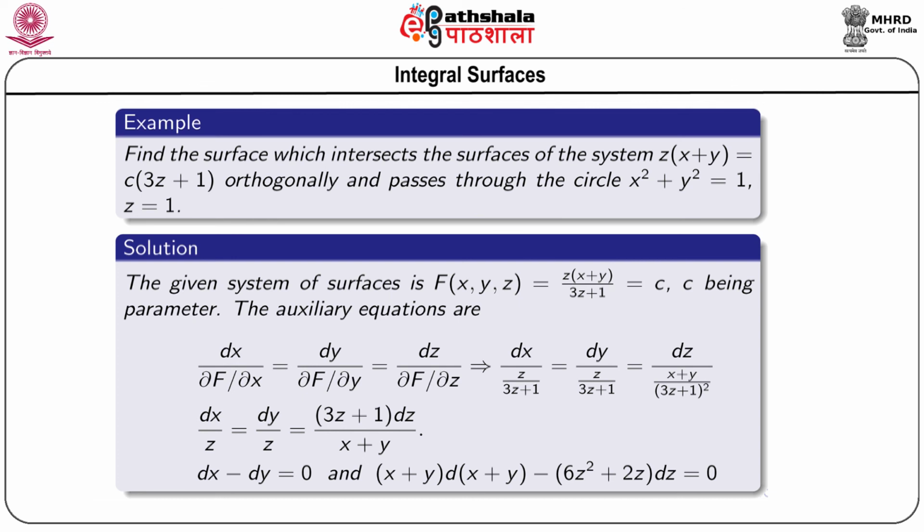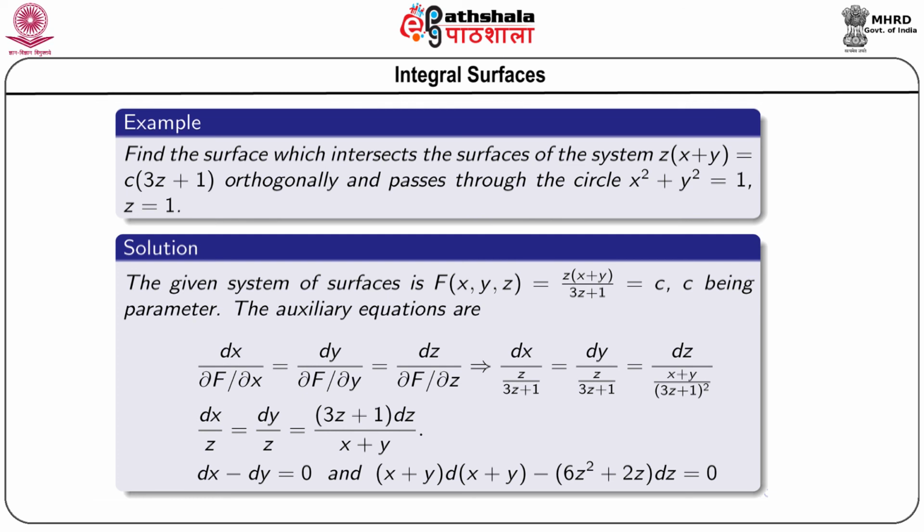From this, one can obtain two integrals easily. One is dx − dy = 0, so after integrating we get one integral, x − y = constant, and some manipulation of this equation will give the other integral.